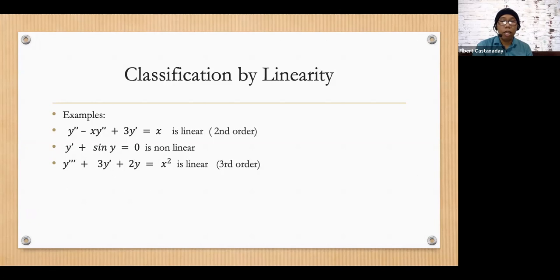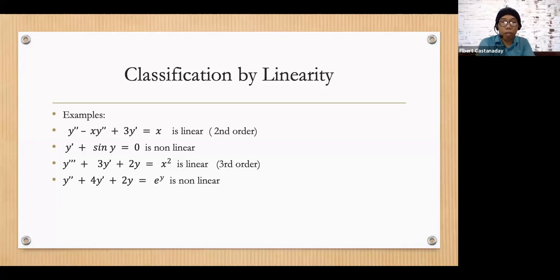Linear equation. Next is y double prime plus 4y prime plus 2y equals e raised to y. Again, there is an exponential function, but you have to make sure that the variable involved in the exponential function is not the dependent variable. In this case, e raised to y involves the dependent variable, that's why it is non-linear. But when I say e raised to x, is it linear or non-linear?